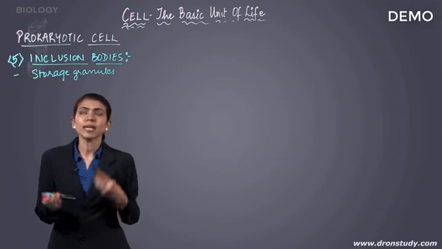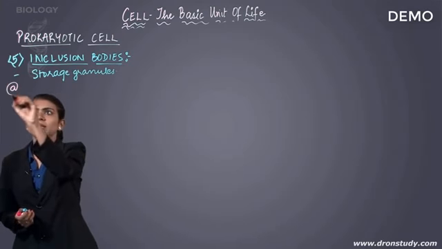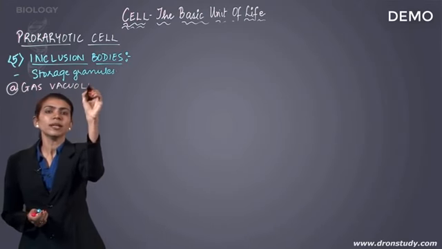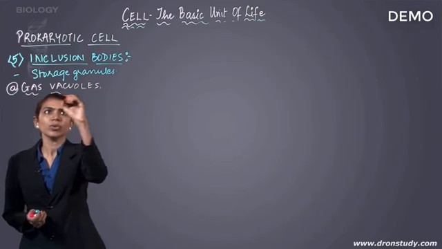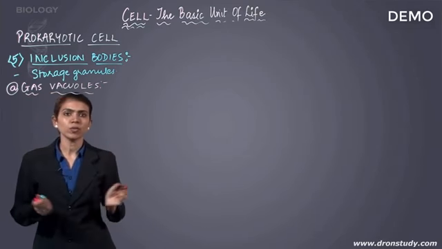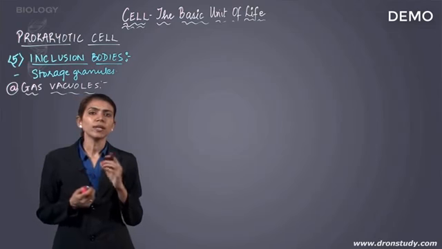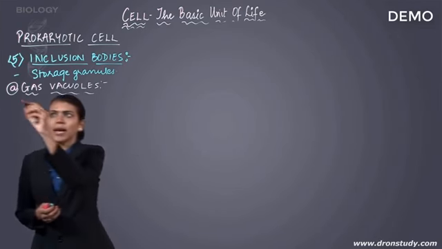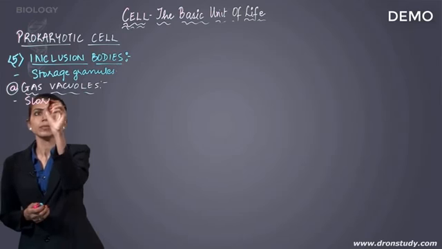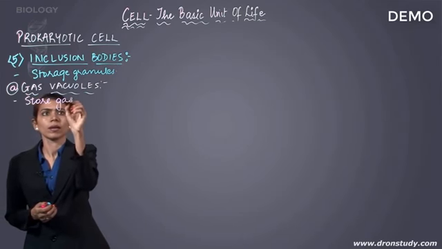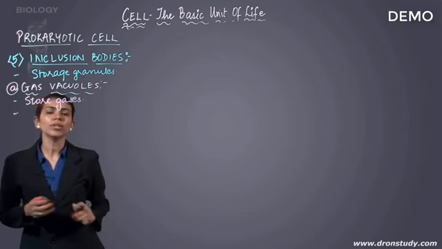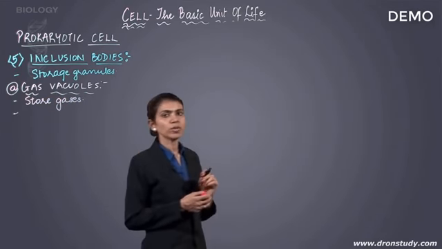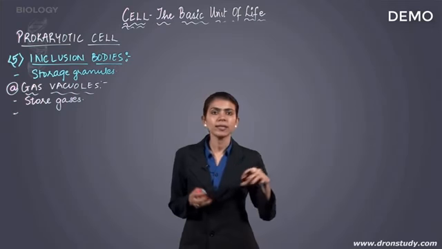So we go to the first type, which is the gas vacuoles. Let us see what gas vacuoles are. As I already mentioned earlier, there are no sap vacuoles present in the prokaryotic cell. We have the gas vacuoles. Now, gas vacuoles are those vacuoles which contain gas in them. So they store gas. They do not have an outer covering to them. Also, the gas vacuoles are present in the form of hexagonal gas cylinders.